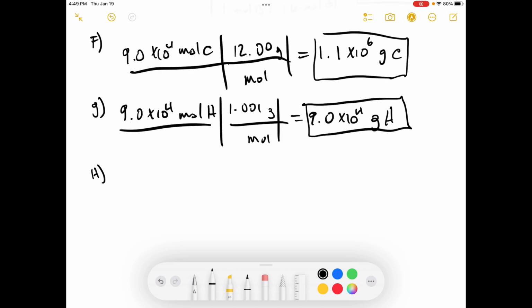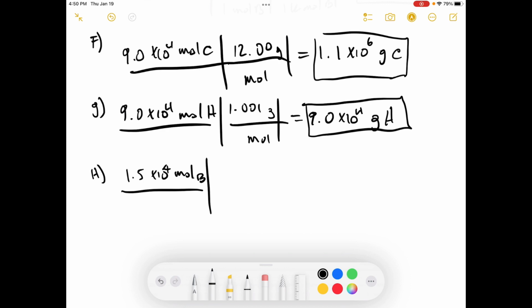Part H, we want to know how many molecules. Okay, here we go. This is what I was talking about with Avogadro's number. So molecules of C6H6. Okay, so if we have 1.5 times 10 to the 4 moles of benzene, then it says how many molecules of benzene is that? Well, you have to use Avogadro's number.